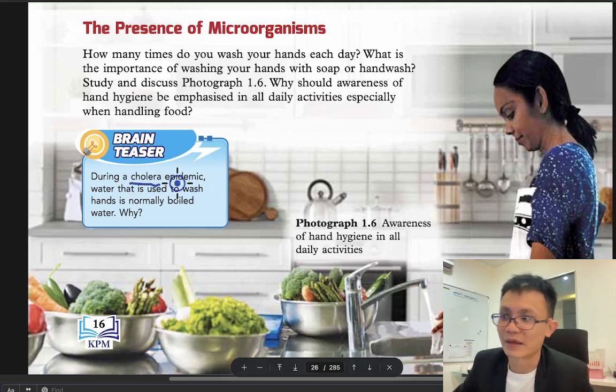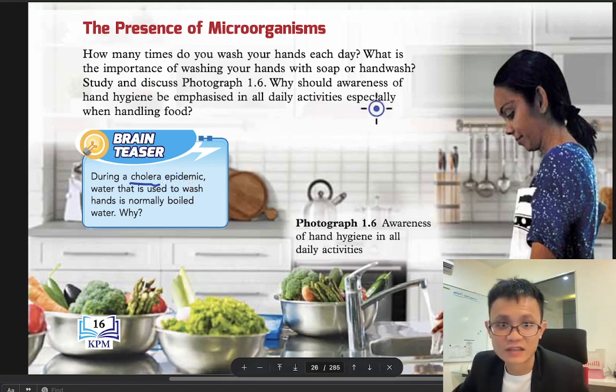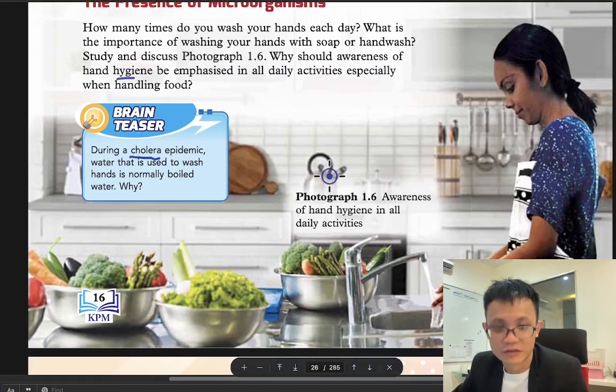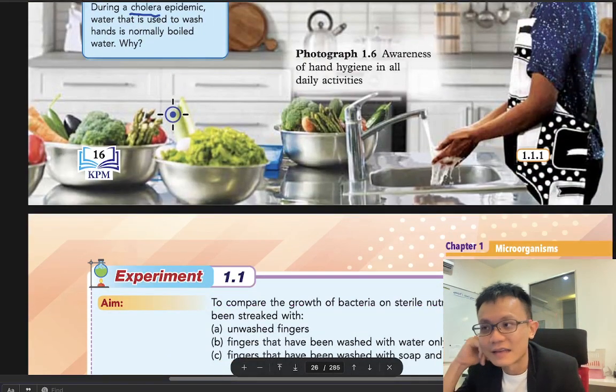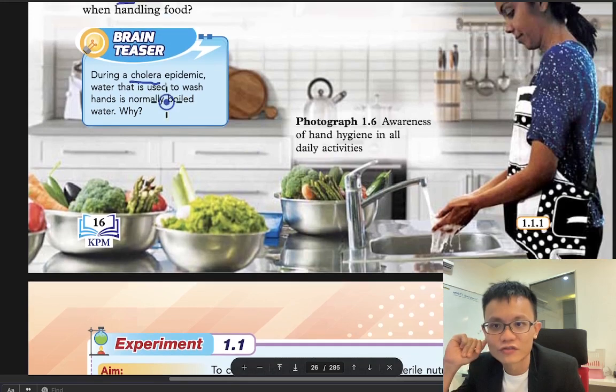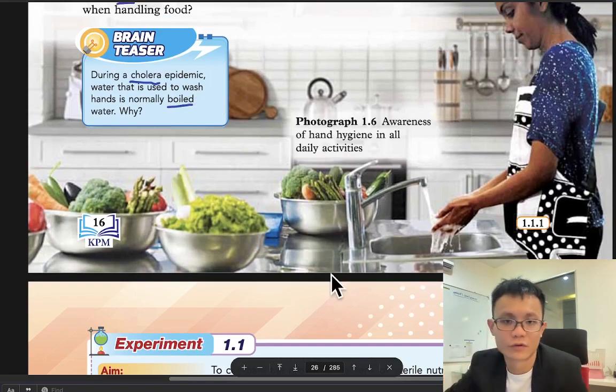Okay, the stomach feels pain, then you will have the disease, fever, diarrhea, and so on. So of course it's very important to boil the water. But nowadays got many high-tech water filters, so usually we don't really need to boil the water. But if you want, you can still boil the water.